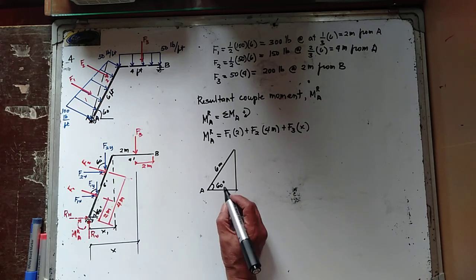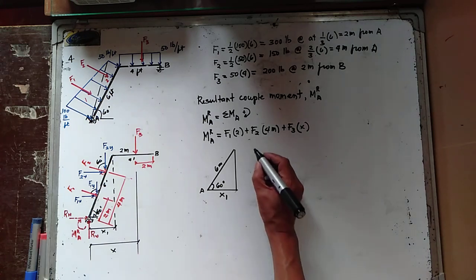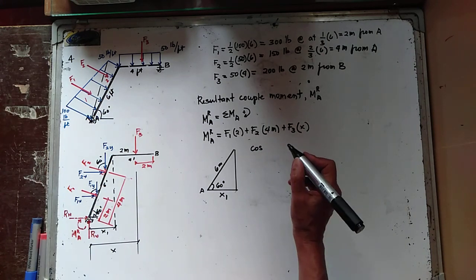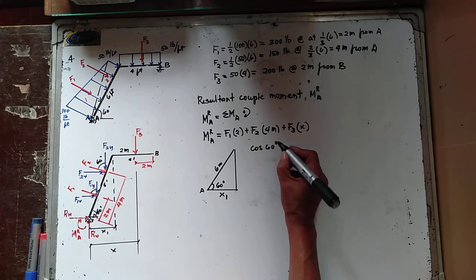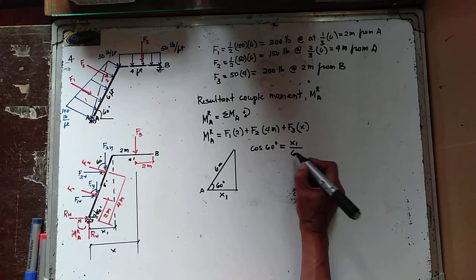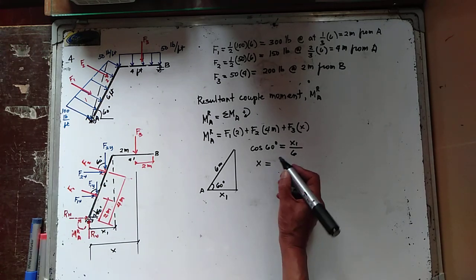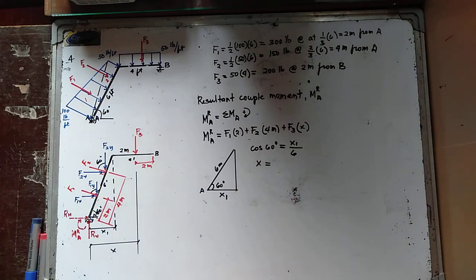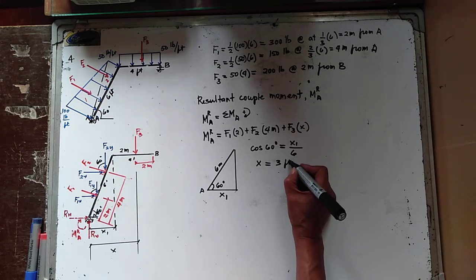Hence, this is your X sub 1. Cosine of 60 degrees is equal to X1 over 6. So your X1 is 6 multiplied by cosine of 60 degrees, and that is equal to 3 feet.